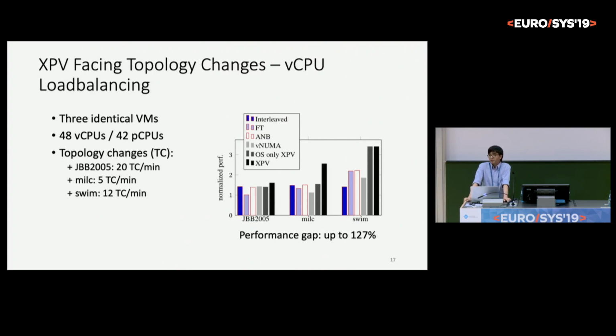The migration rate depends on each application. It depends on the workload inside the VM. Here is some information about the workload, and we can see that XPV outperforms other solutions.